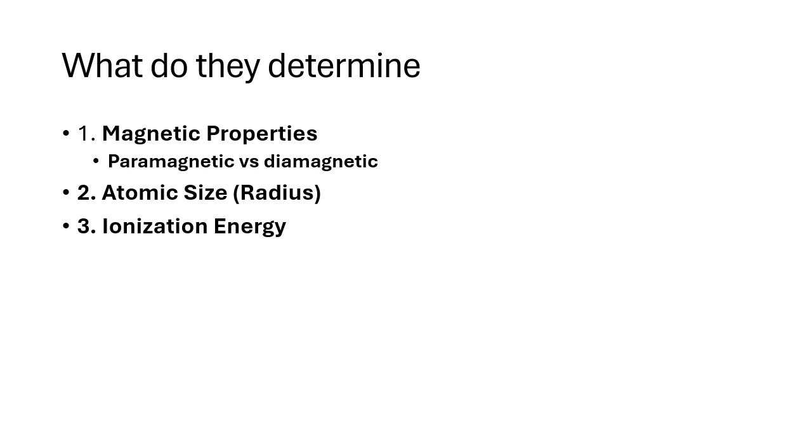If something is paramagnetic, so it's S1 up, it's P3, it's D7, these have unpaired electrons.